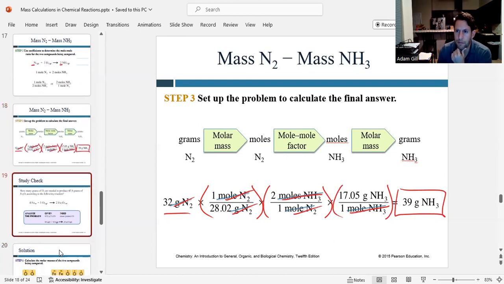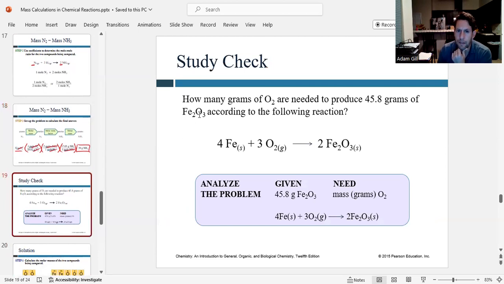Let's do a practice problem. How many grams of O2 are needed to produce 45.8 grams of Fe2O3 according to the following reaction? So they give you the balanced equation, and they give you the amount that you're starting with. So we got to go from grams of Fe2O3 to grams of O2.